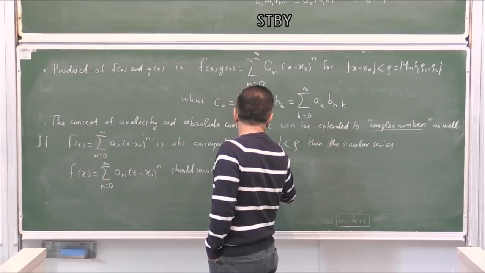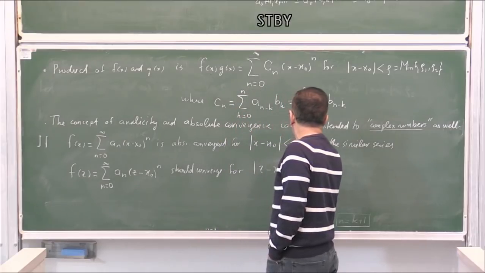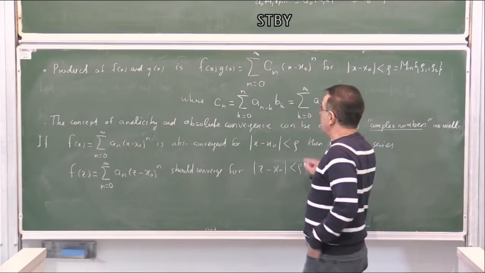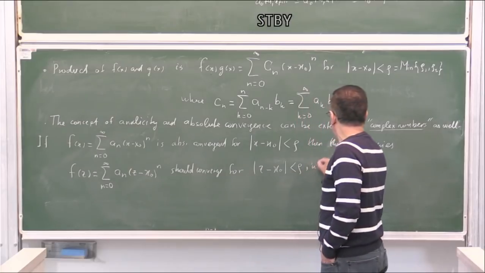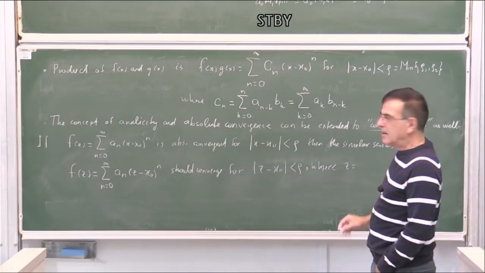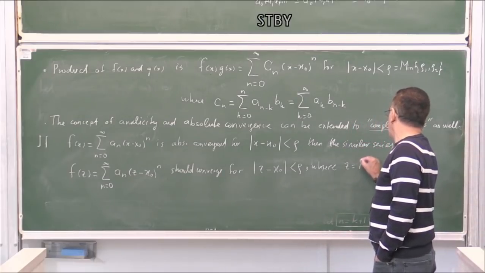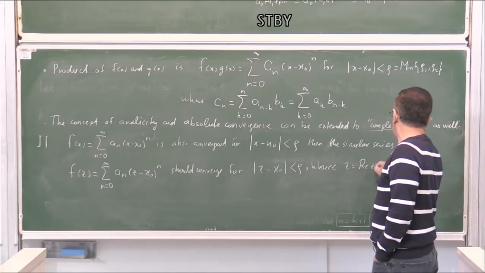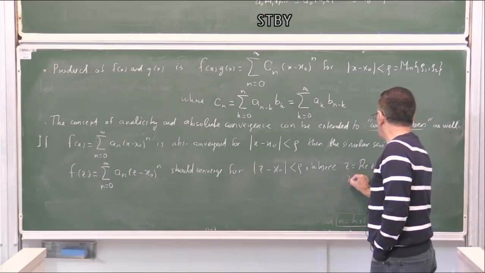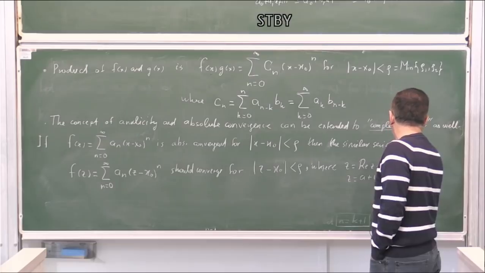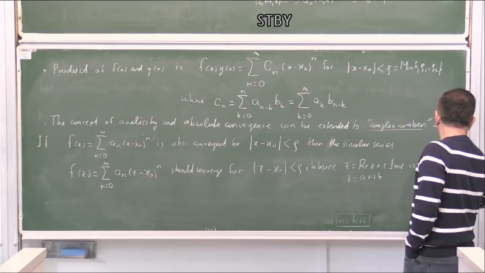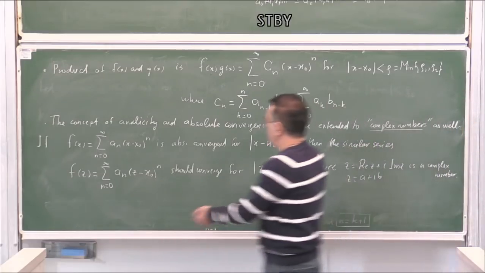for this. Good? But the meaning is different. So where z, real z plus i times imaginary z, is a complex number, or z is something like a plus ib, a complex number. Now, please be careful.